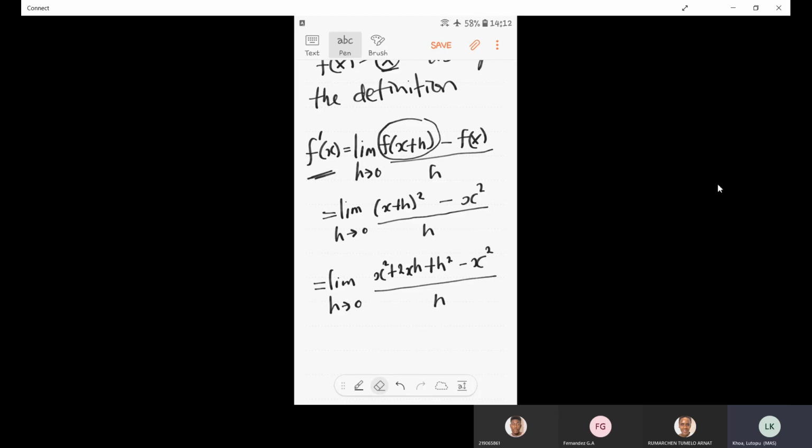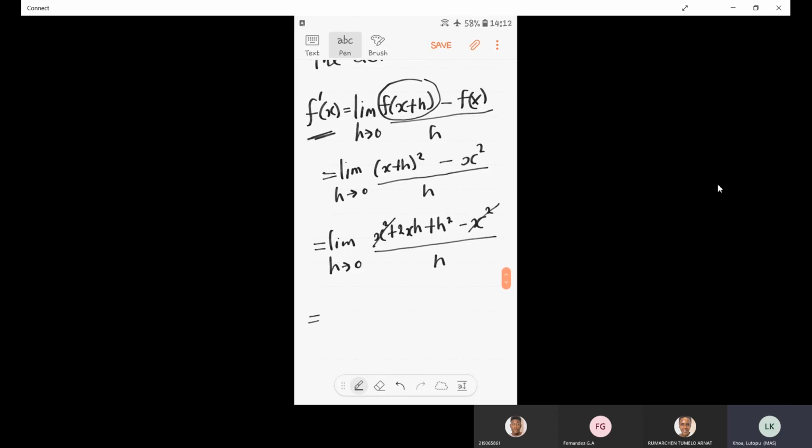This one over here you expand using Pascal's triangle or the binomial theorem, and then you simplify. You'll notice that the x squared and the minus x squared cancel. So what are we left with? The limit as h goes to 0 of 2xh plus h squared, divided by h.